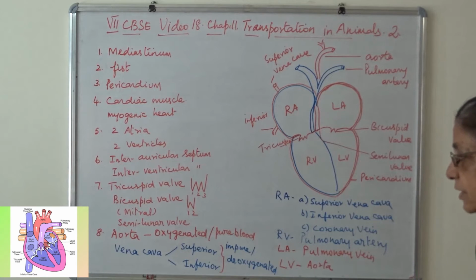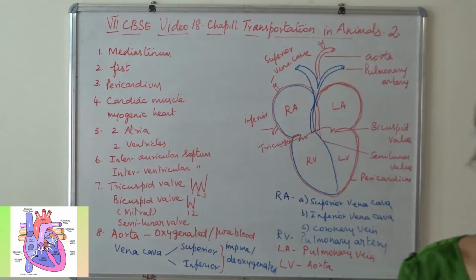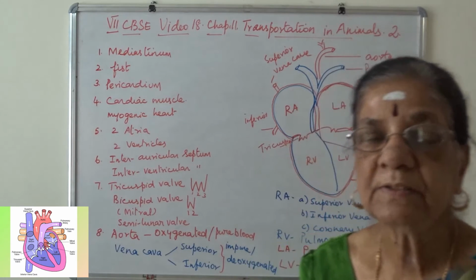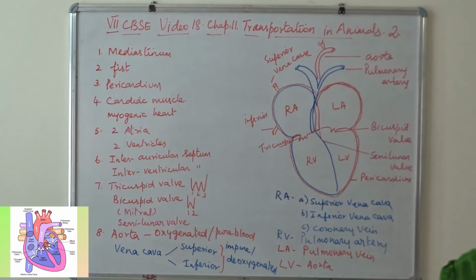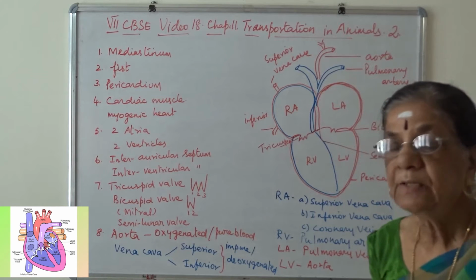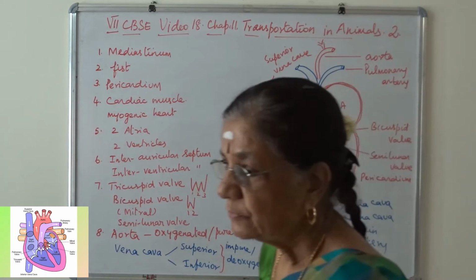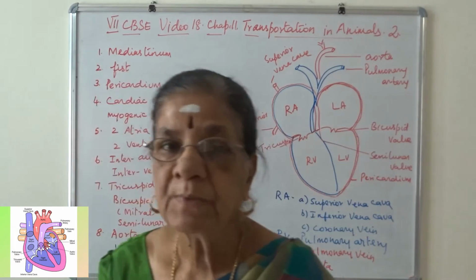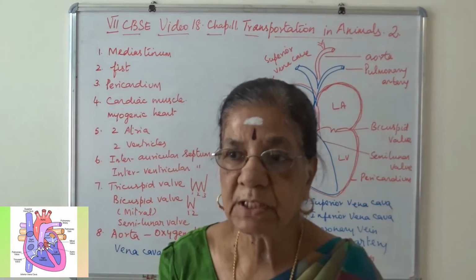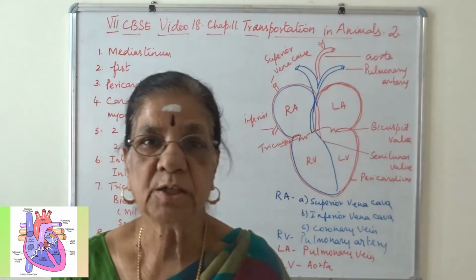And vena cava is the superior and inferior vena cava. What does it mean? From the upper portion, that is the thorax and head region up to the stomach region, impure blood is collected from various parts of the body, and through the superior vena cava it reaches the heart.